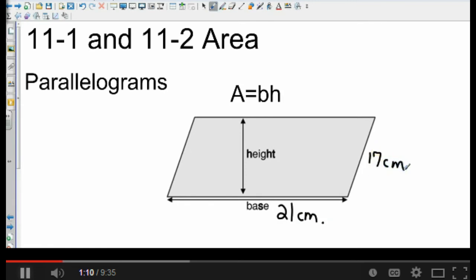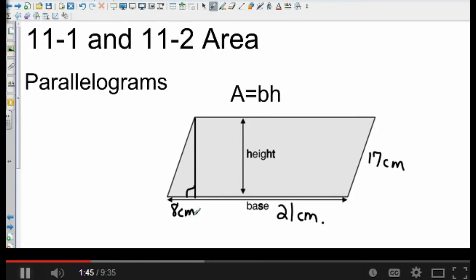Let's draw in this height right here, and let's say that I give you this as 8 centimeters.